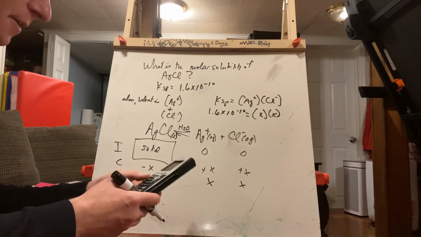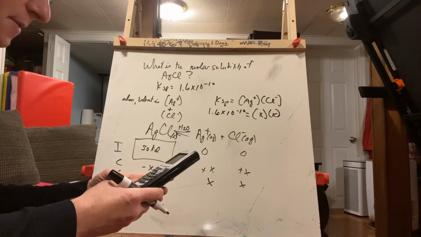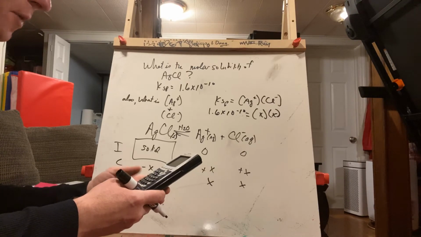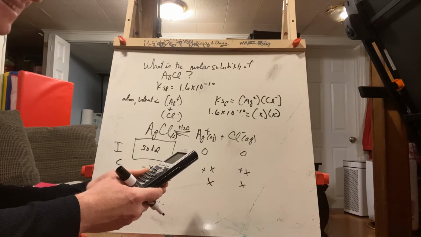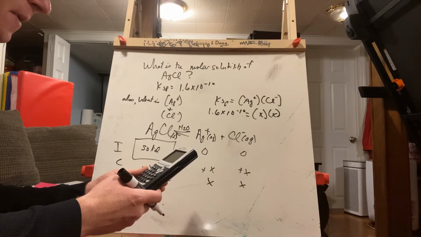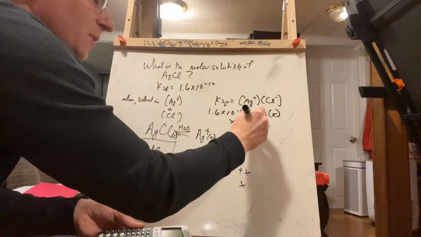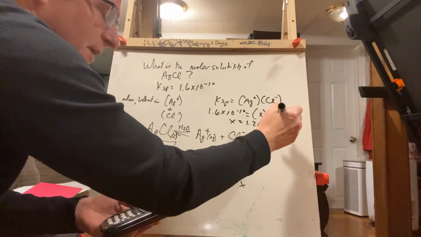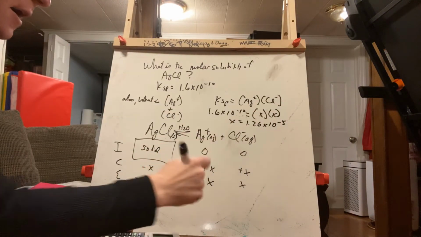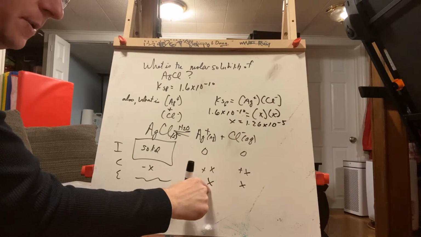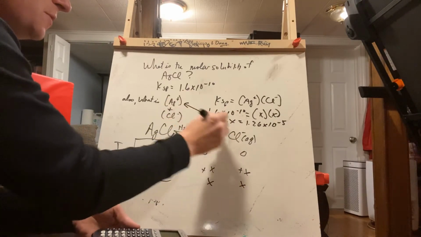I love guessing. Let's see, this is exciting. No, I'm going to say 1.26. Okay, so x equals 1.26 times 10 to the negative 5th. And so that tells you your equilibrium concentrations of Ag plus and Cl minus. So those answers are right there.